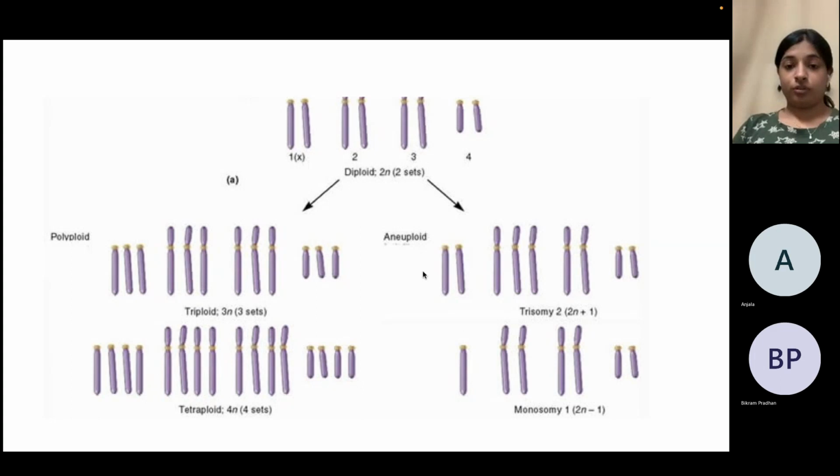The difference between the two is, if an entire set of chromosomes is extra in a cell, it is polyploid. Here in this representation, there are 4 different chromosomes. A normal cell has a diploid condition, which means every chromosome has 2 copies present. Now say for every chromosome there is an additional copy present, as represented here.